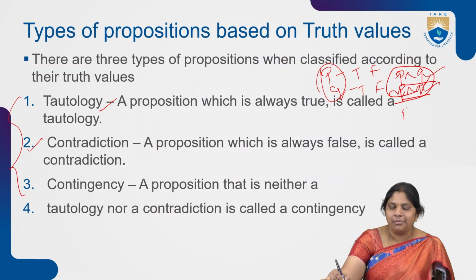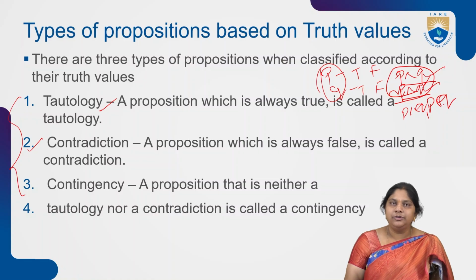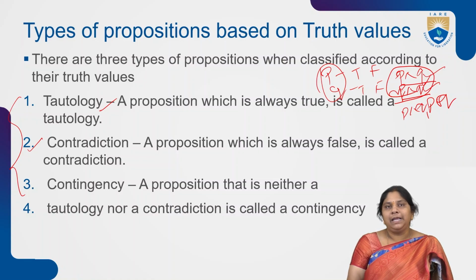Like how we are drawing the normal values, P and Q, P or Q, they both draw true values as well as false values. That type of normal proposition will be called a contingency proposition.